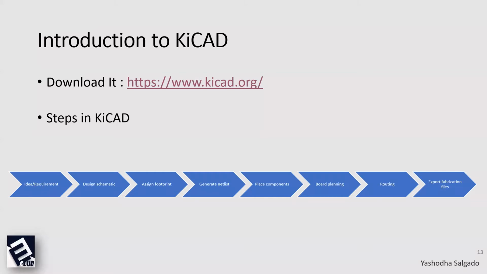Likewise, we have to analyze our requirement. Then designing a schematic and assign footprint, generate netlist. Generating netlist is a necessary step, I mean, a unique step to KiCAD. Some softwares don't need generate netlist, it is done automatically.